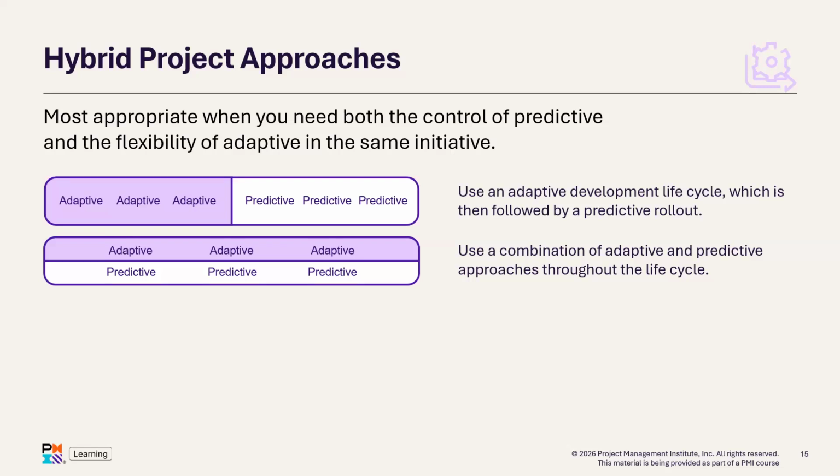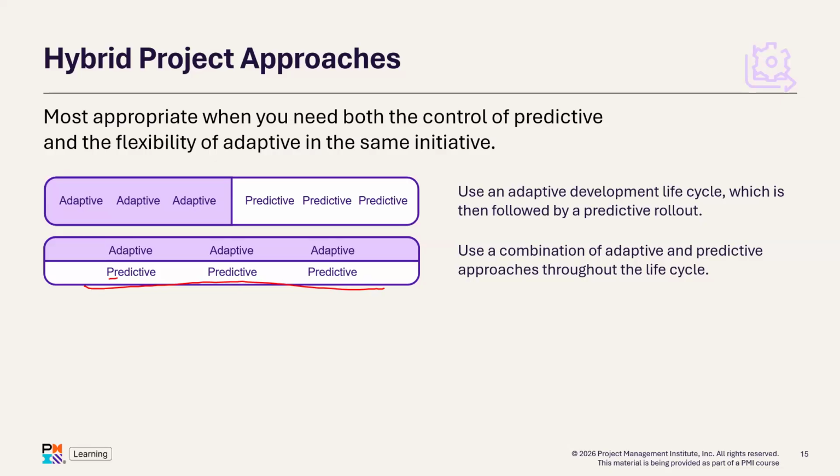So let's assume that you are all very experienced using the predictive approach. There are now agile concepts, and it is the talk in town now, agile, adaptive, hybrid. So your organization decided to enroll you in a training to learn the agile adaptive concepts.